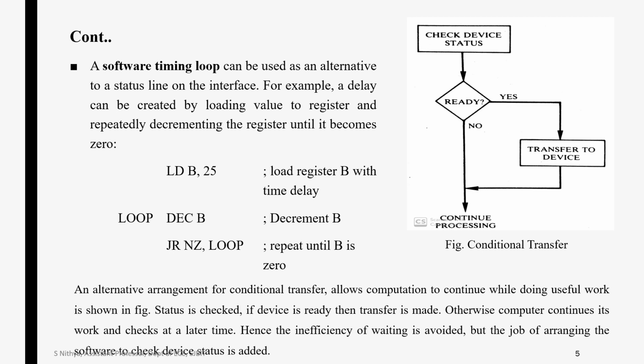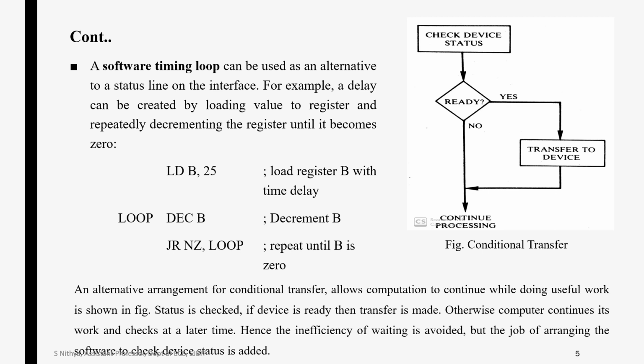The 25 is loaded into register B, and the looping concept used is decrement B. Here we are decrementing B, and the delay is reduced. Then JNZ: if it is non-zero, jump to the location labeled repeat.